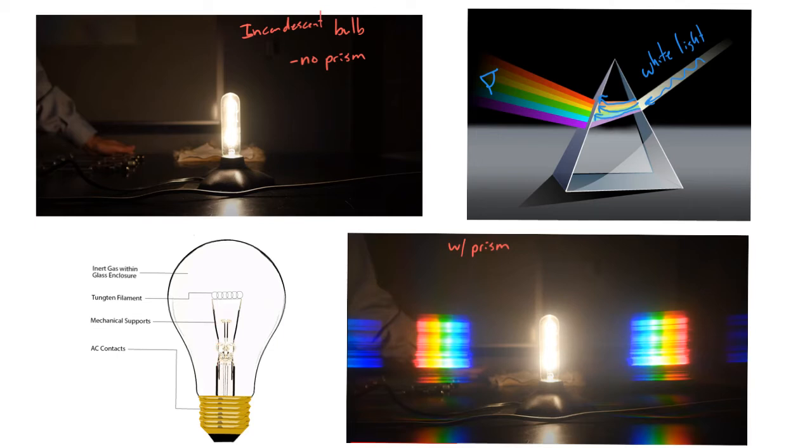But basically what goes on here is that energy is supplied in the form of an electrical current. The electrons travel through the coil, and they heat it up. The reason is that the coil is resistive to the flow of electrons.